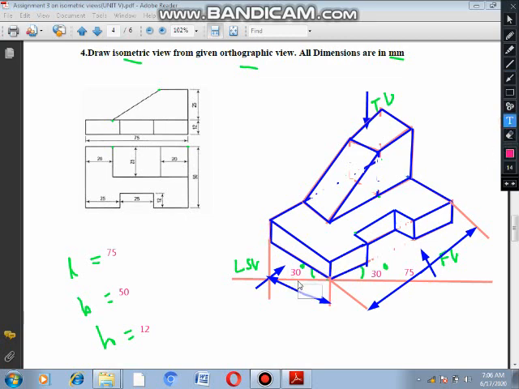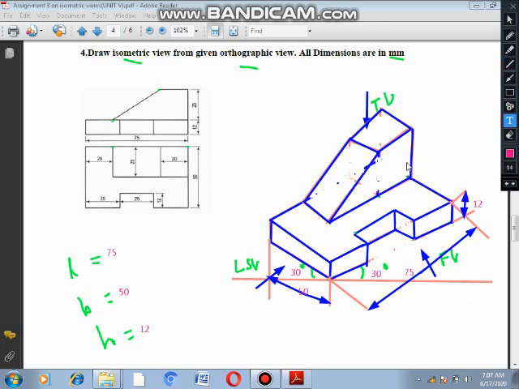How much is this equal to? 50. And height, this one is 12. I am showing this one is 12. This is 12.